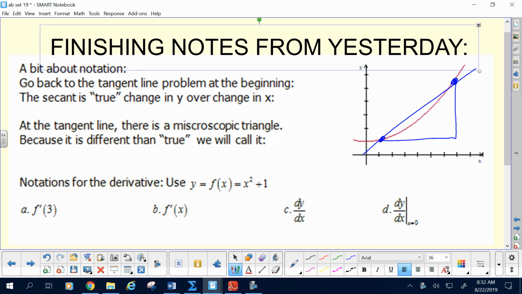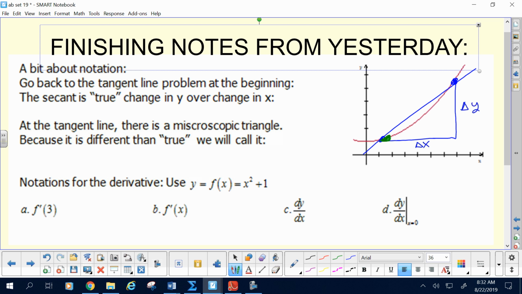Now that's actually truly how much the y changed and how much the x changed. We also talked yesterday about how, if you wanted to get really, really close to change at a point, you could take that point closer and closer to this point and get a really close point over here. You with me? I'll call it a little green triangle, but it's not even visible.